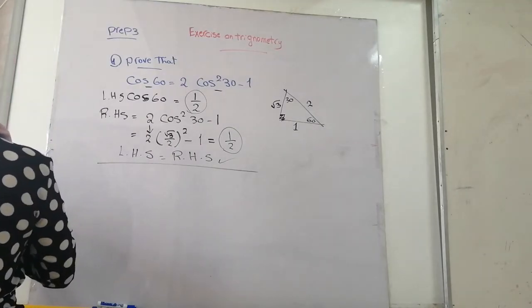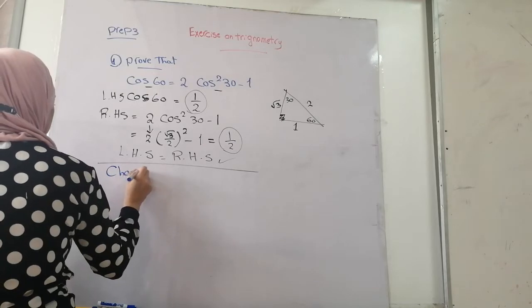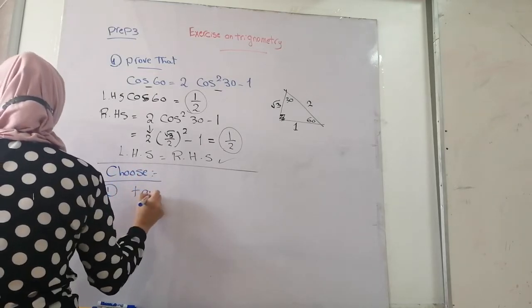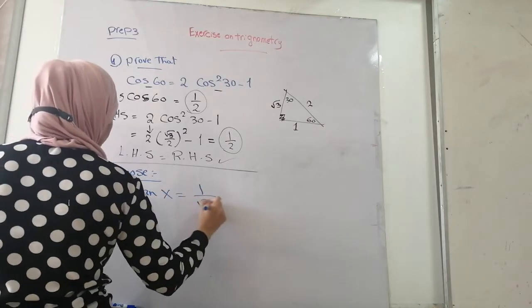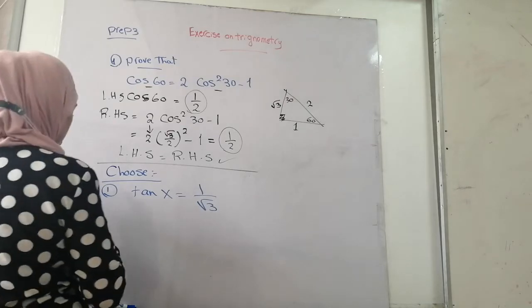Okay, let's take some choices. Number 1: tan x equals 1 over root 3. In this case, he wants me to find the angle x.